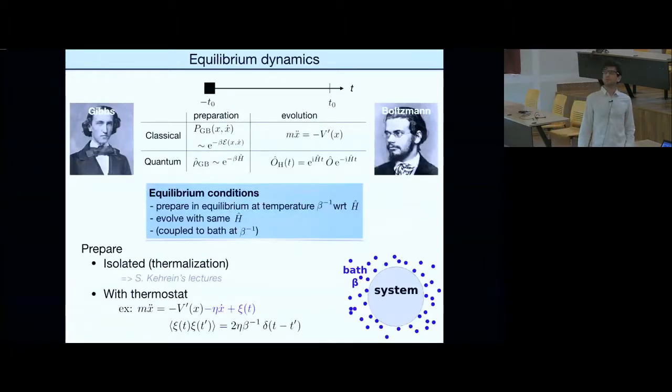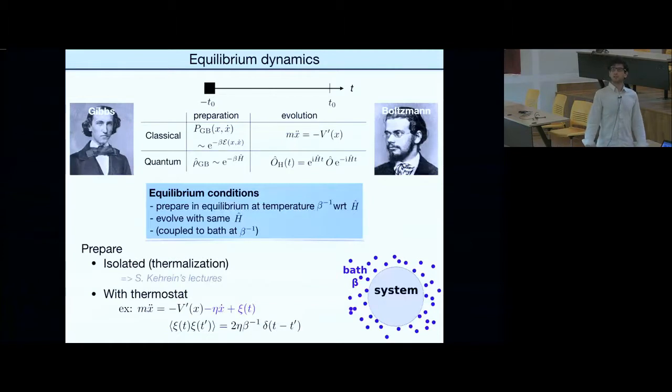So let's start with Boltzmann, a bit younger than in your photo before, Stefan. So how are we in equilibrium? We are in equilibrium if we prepare a system in equilibrium, say with a Hamiltonian H, temperature β⁻¹, and we evolve with the same time-independent Hamiltonian. Then we're sure to be in equilibrium.